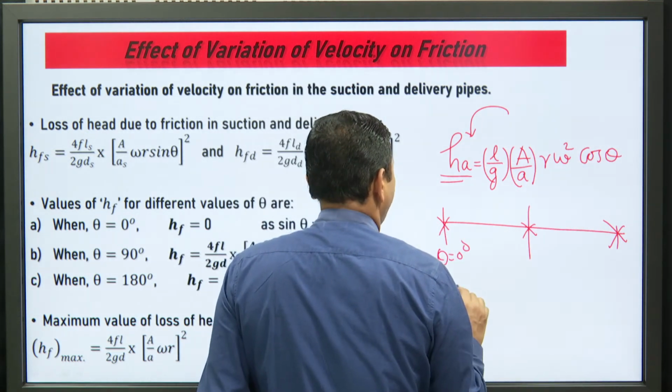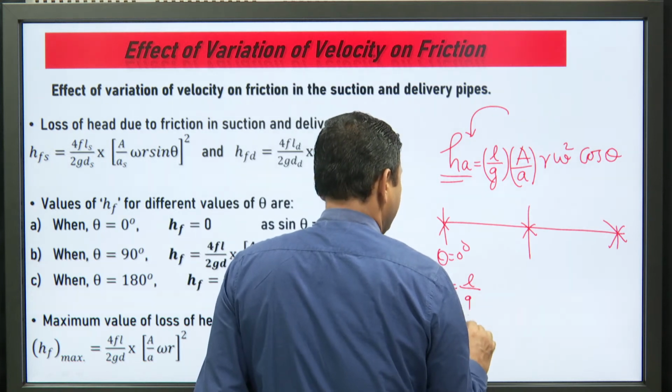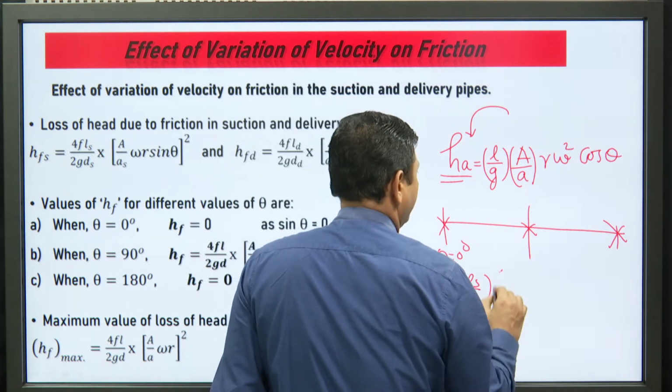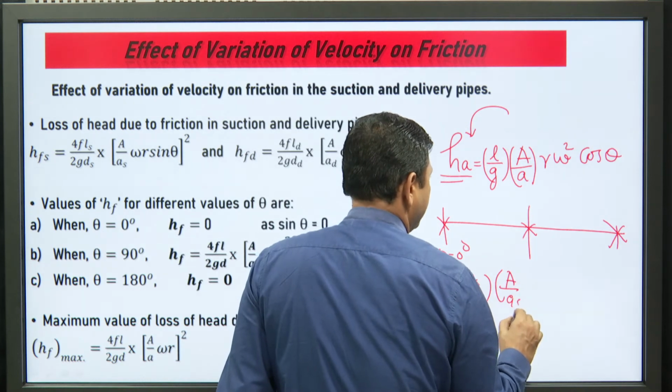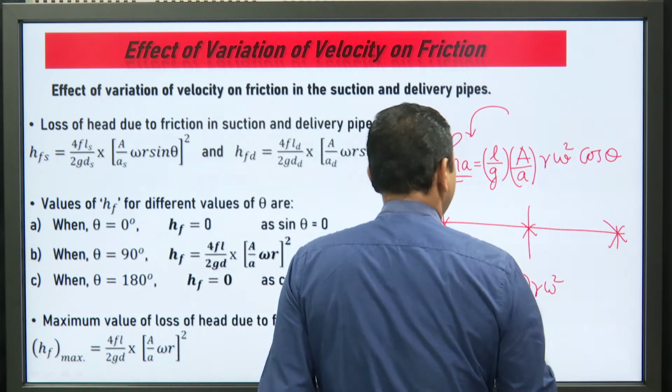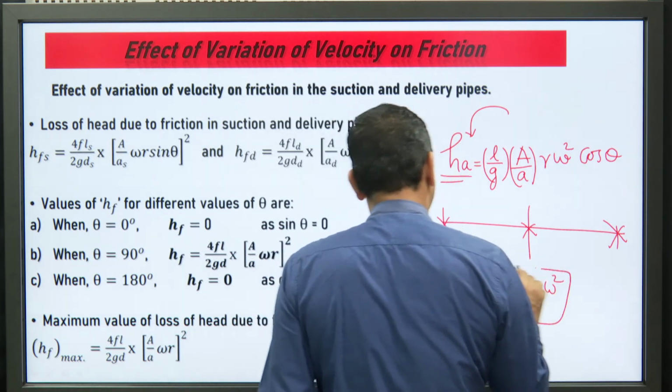So this friction effect, what is this? HAS for the suction is L_s upon g, A upon a_s, r omega square. Okay. This one is positive.